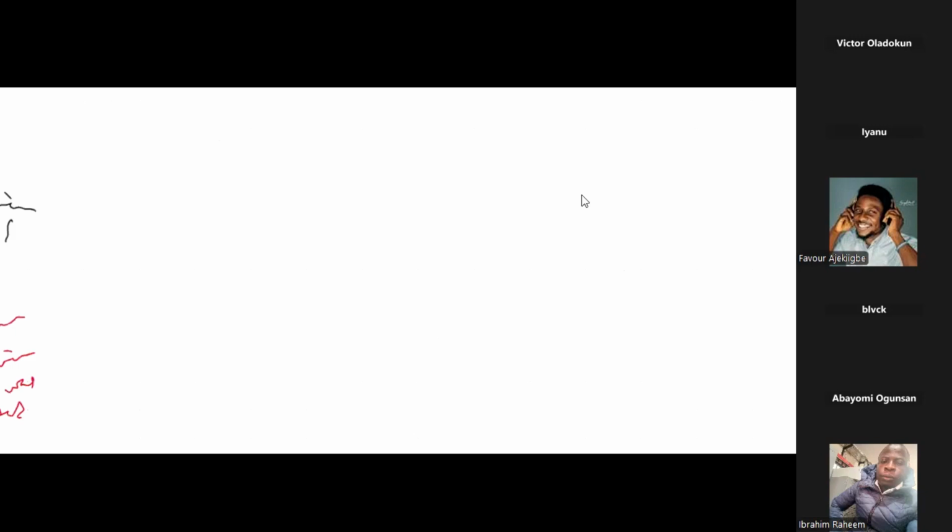Now we already know the input entropy, the output entropy, and the conditional entropies, X given Y and Y given X. So the point now is, what is the joint entropy?